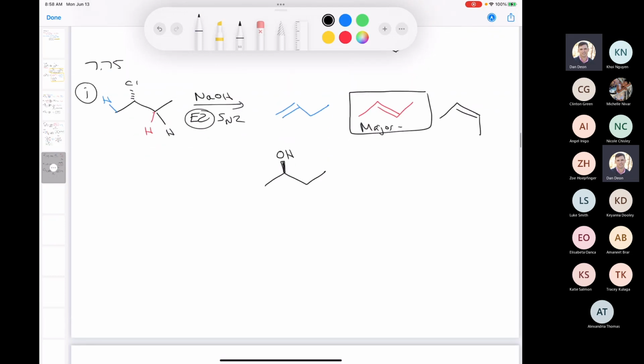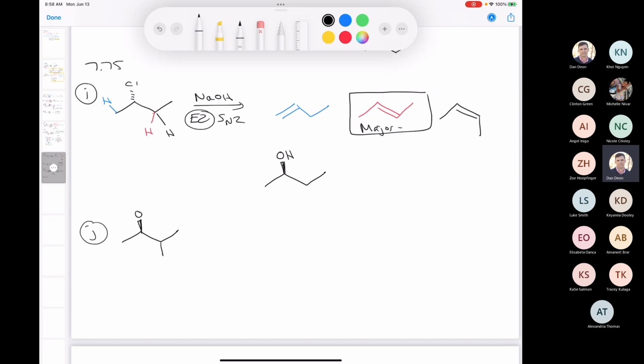If we take a look at 7.75 J, that's this one here where we have a hydroxyl here, and we're treating this with concentrated sulfuric acid, and we're just cooking it up. What's going to happen here is you're going to convert the alcohol into a good leaving group, right?